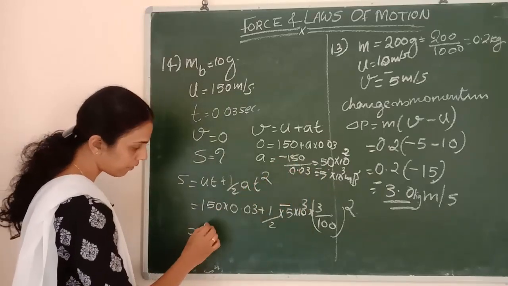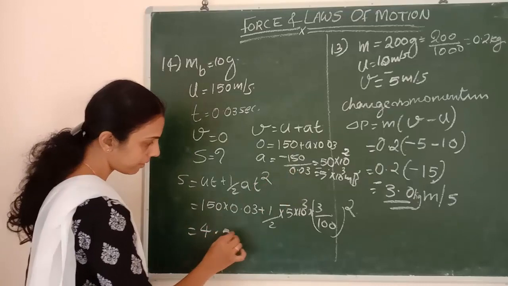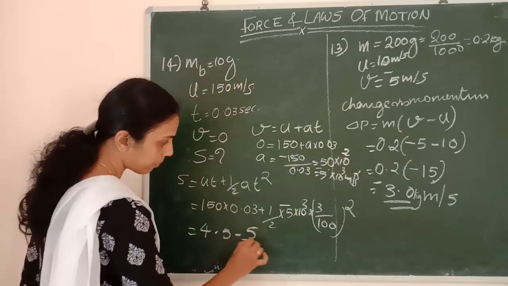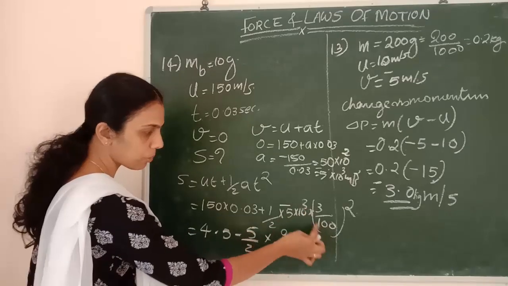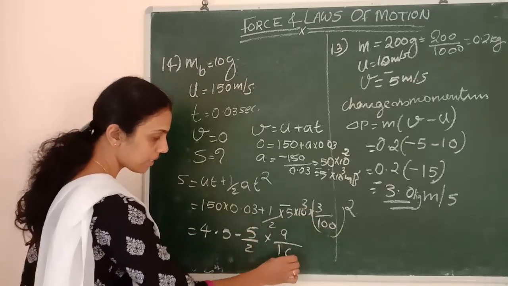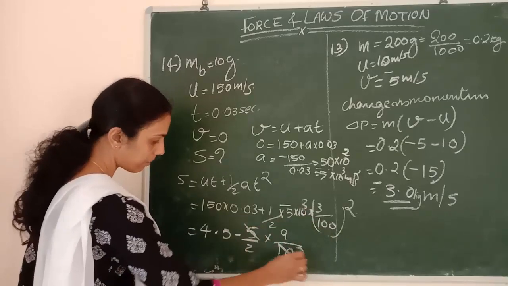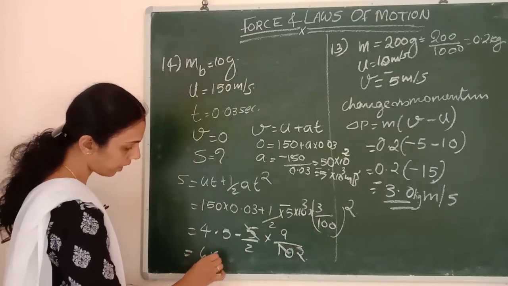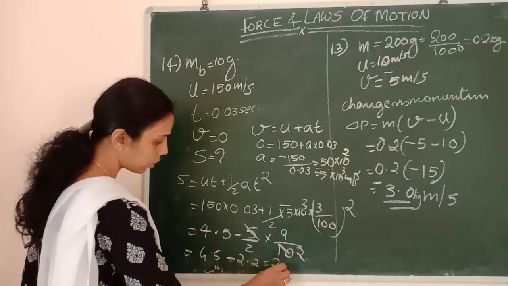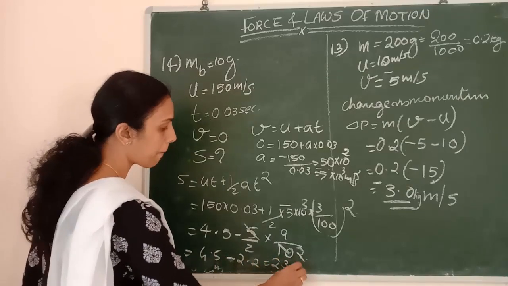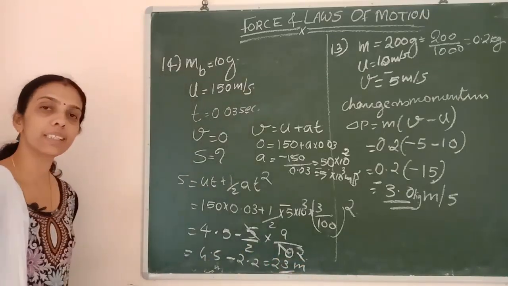It is 150 into 0.03, which is 4.5, minus 5 by 2 into 9 divided by 10 to the power 3 over 10 to the power 4, that is 10. So 4.5 minus 2.2, you will get 2.3 meters. Like that we will get the displacement.